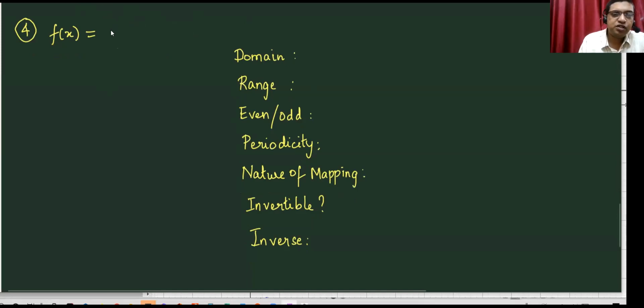Now let us do this function. F of x is 1 by x. Now from basic algebraic we have gone to rational functions. F of x equal to 1 by x. How will this graph be?